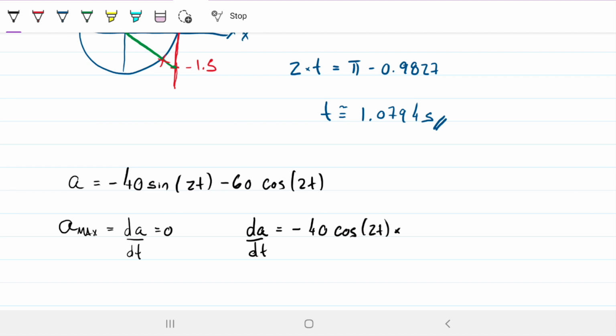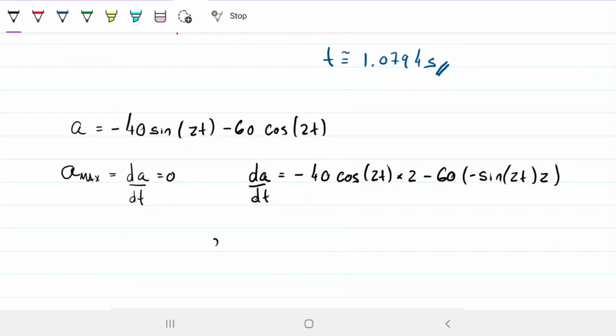Once again, we have that 2 multiplying, and then we have minus 60, and then we have minus sine of 2t, and the 2 again multiplying. Right, so we get the derivative of the acceleration in respect to time is minus 80 cosine of 2t plus 120 sine of 2t.